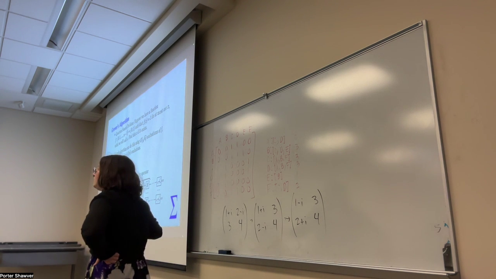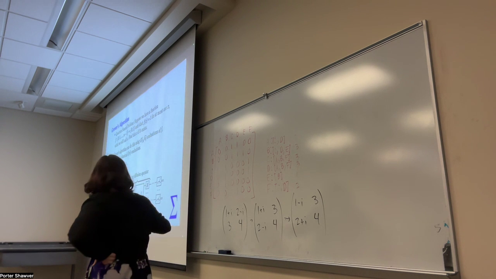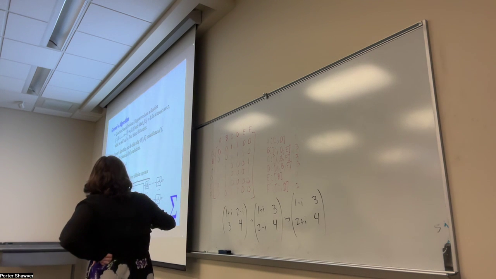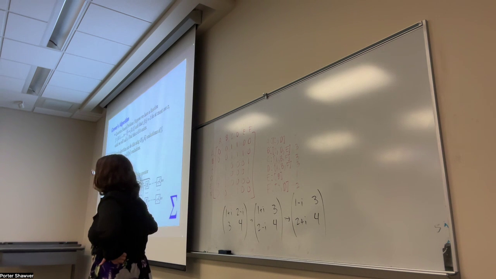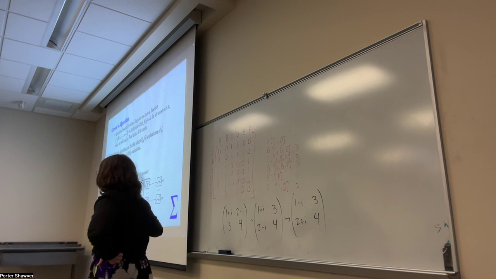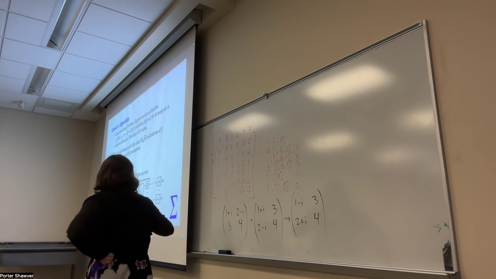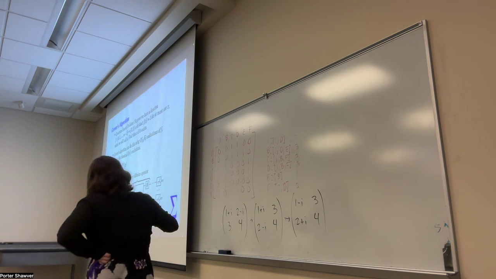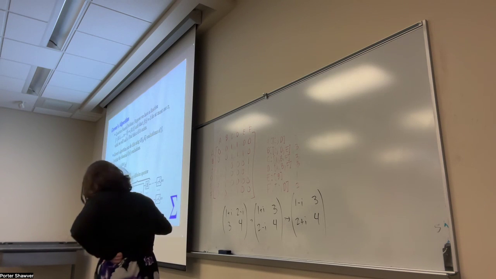Does that kind of make sense? How does it reduce the complexity? The idea behind Grover's search? Yeah, behind Grover's search. That could be a whole presentation.